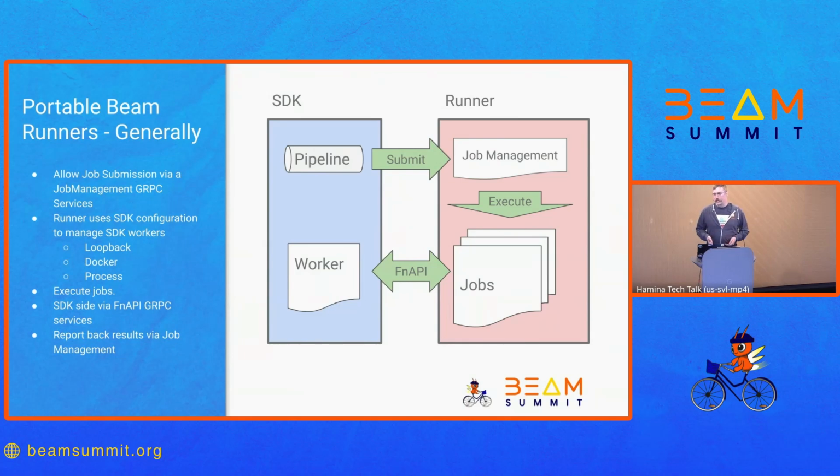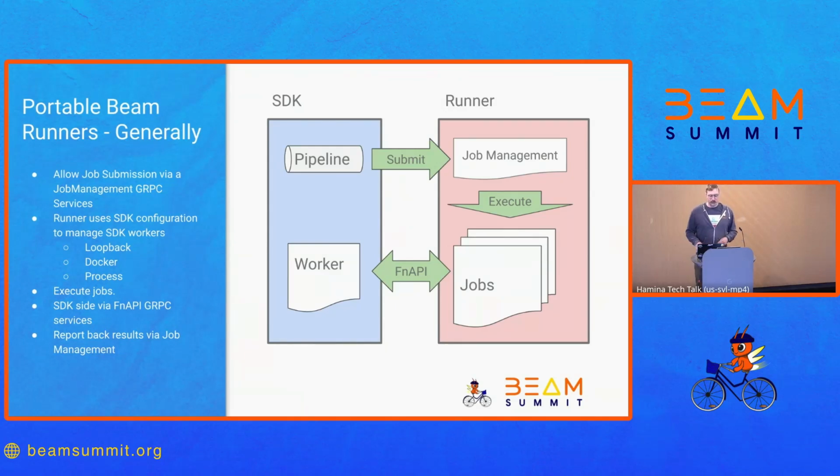So an SDK would take a pipeline and submit it to a job management service that the runner provides. That runner would then start executing the job. Depending on how the pipeline was configured, the runner will start initializing different components in order to present workers for it to actually execute the SDK's work and run the various parts of the user code.